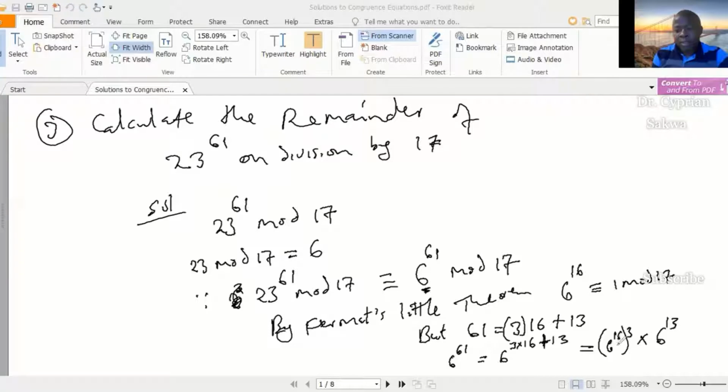But 6 raised to 16 we've already said is 1. So this is the same as 1 raised to 3, times 6 raised to 13. And remember, we are doing it mod 17.